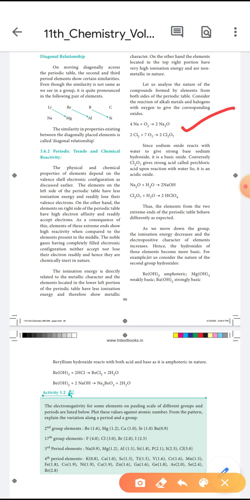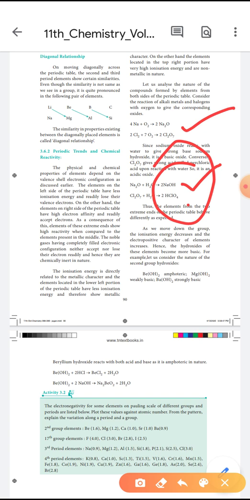Cl2O7 is a strong acid called perchloric acid upon reaction with water. So Na2O plus H2O gives NaOH. Cl2O7 plus H2O gives HClO4. Okay, so sodium hydroxide and perchloric acid. Thus the elements form from the two ends of the periodic table.